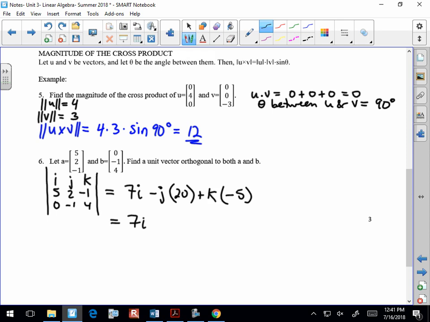So 7i minus 20j minus 5k. That would be the cross product. That's a cross b.